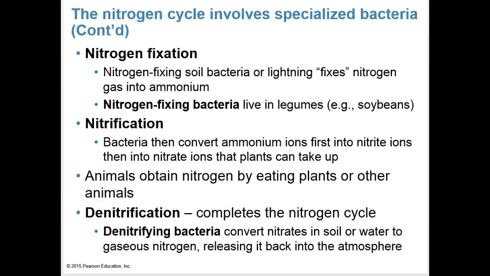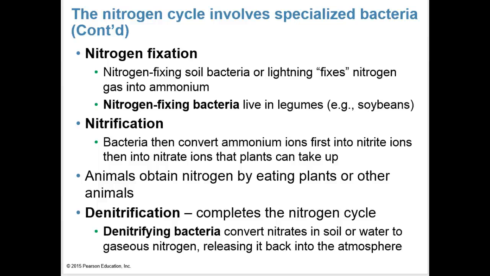To become biologically available, inert nitrogen gas, or N2, has to be fixed, or combined with hydrogen in nature, to form ammonia, or NH3, whose water-soluble ions of ammonium, NH4+, can be taken up by plants.